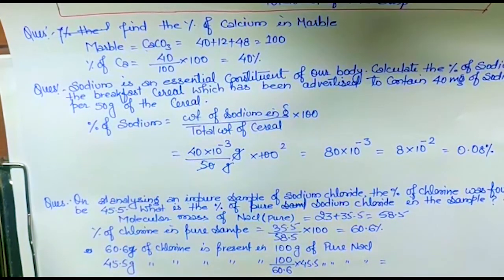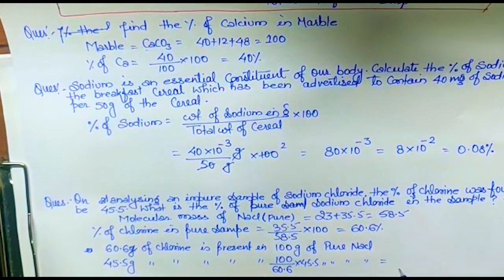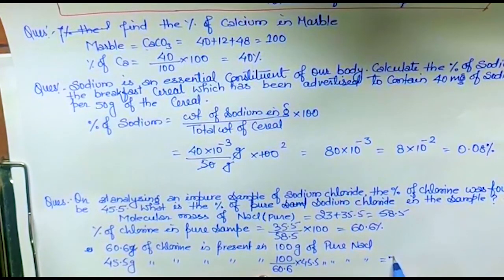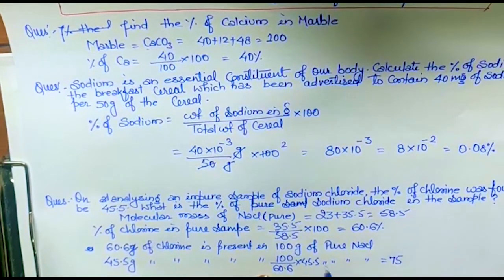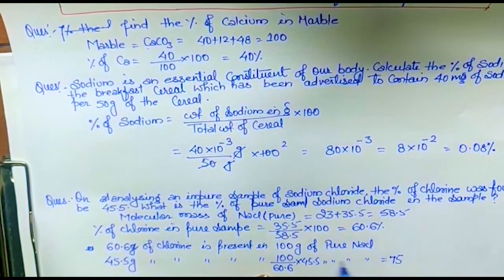So just multiply. This is what it comes to, 75, isn't it? So we got it, 75 gram of pure NaCl should be there.